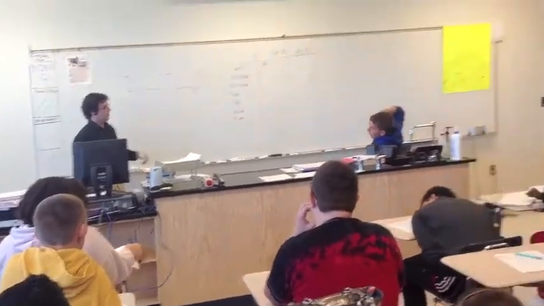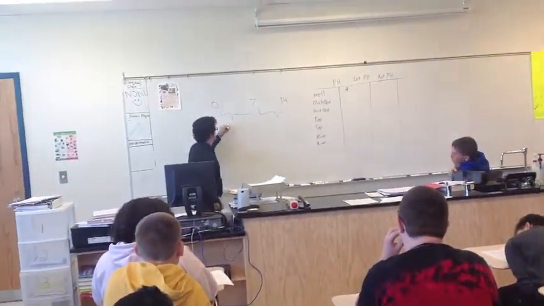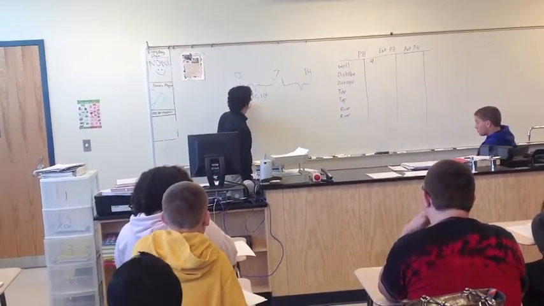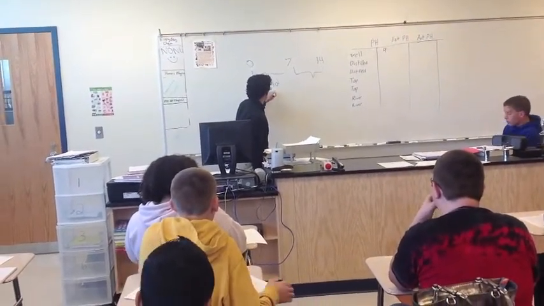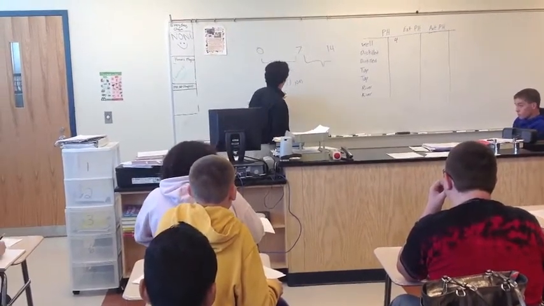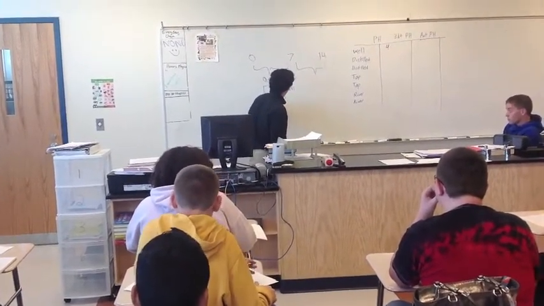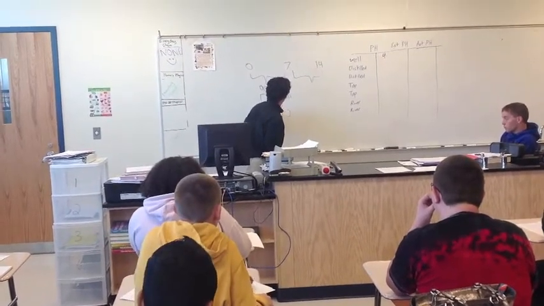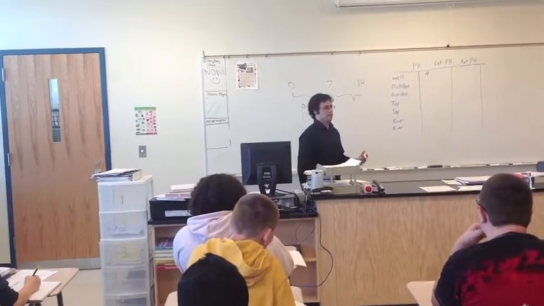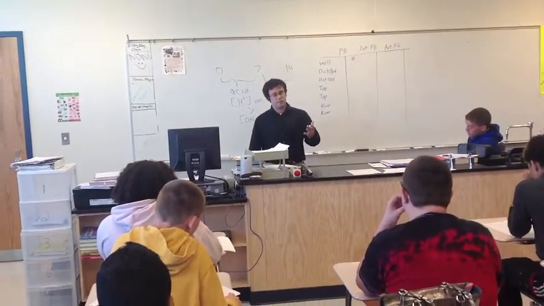Yes, that is an acid. And because it's an acid, it's going to have more hydrogen ions than our OH minus, which was the hydroxide. Alright, so what happens then if we're above 7? Yes, that's a base.